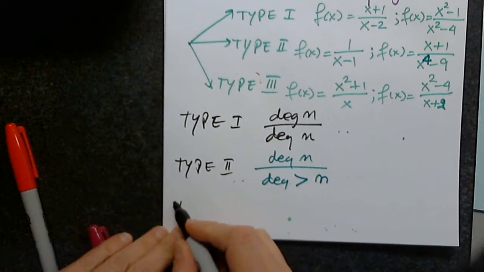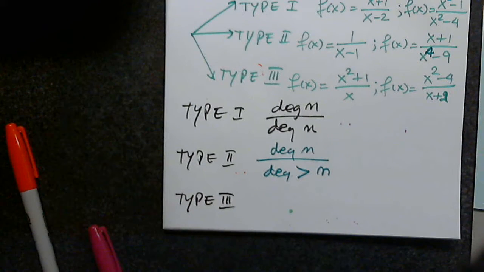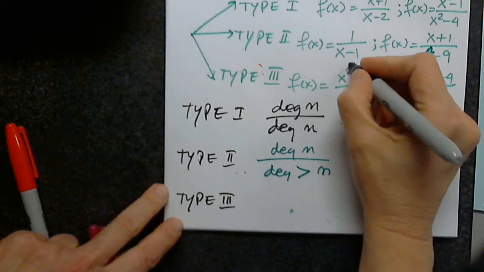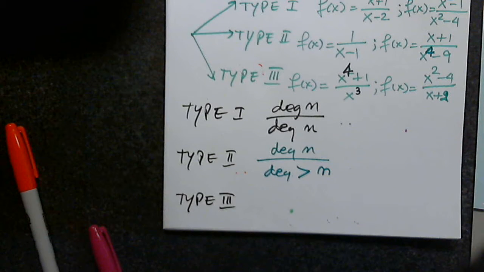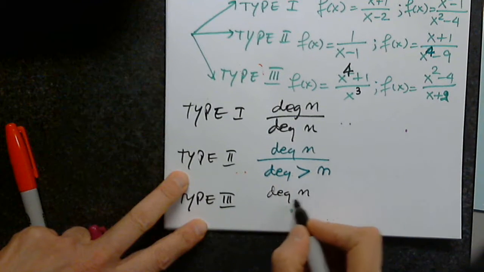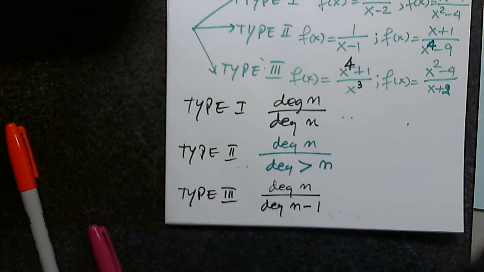Type 3. Now this is specific and I can change it. Exactly, 1 less in the denominator. Absolutely. So this is degree n and this is degree n minus 1.